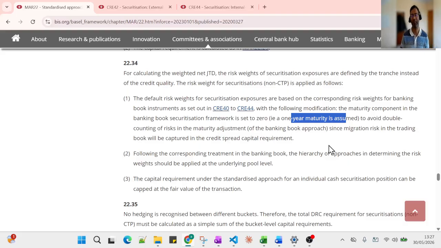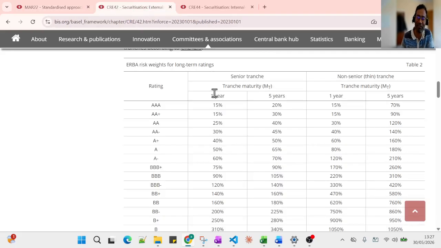So the mandate for DRC is simple: what capital should I keep for default which can happen in the next 1 year? That's why the talk about 1 year. 1 year maturity is assumed, so I will choose this 1 year column.